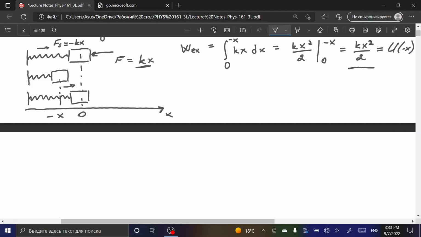So now the question is, what will be the velocity of the block when it reaches position 0? Maximum velocity, that's true, but what is the value? Imagine that you don't know about the kinetic-potential energy relationship, conservation of energy. What would you consider? You would say, okay, there is some initial position minus x. That's good for a kinematic equation.